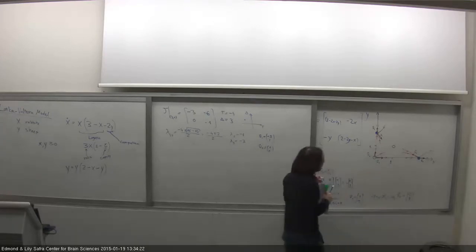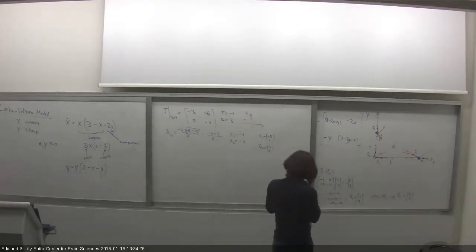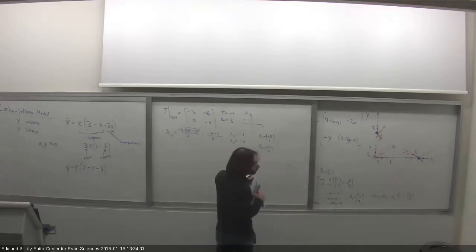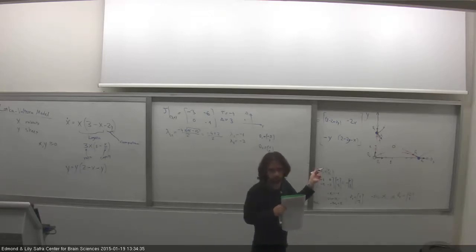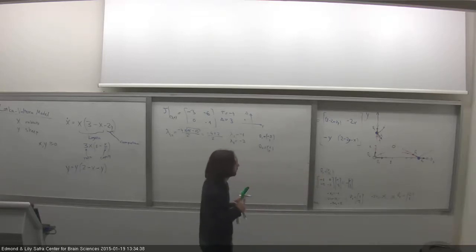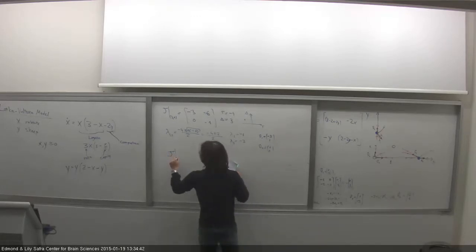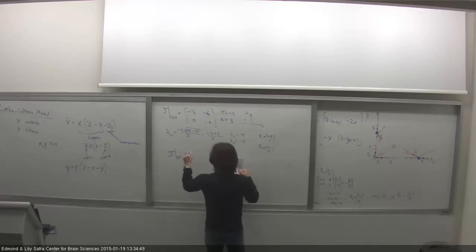Okay, we're closing in on the remaining one. You can already guess what happens there. What do you think? What do we have there? Saddle? Right. A saddle. Okay, here I'll just give the result.